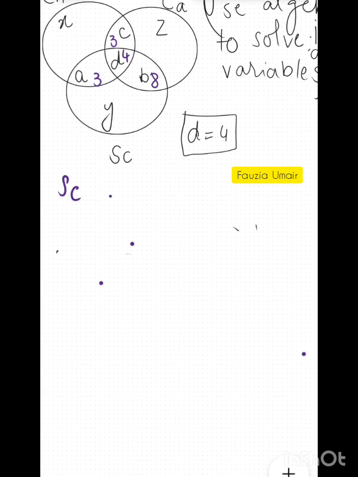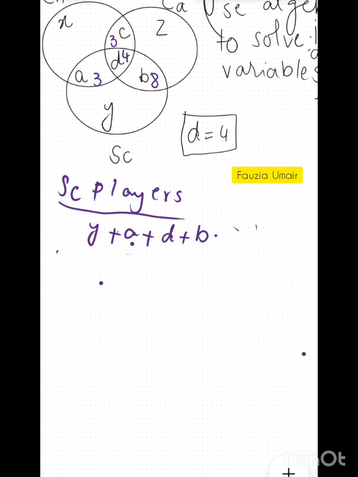If I find the total Scrabble players, so y plus a plus d plus b, you can see these are the 4 variables in that circle. So that is equal to, it's given in the question that they are 20.